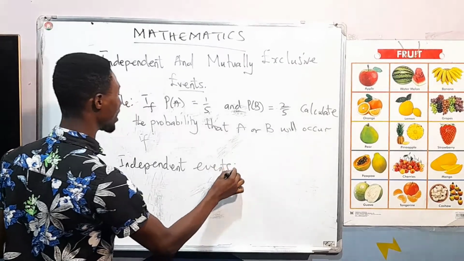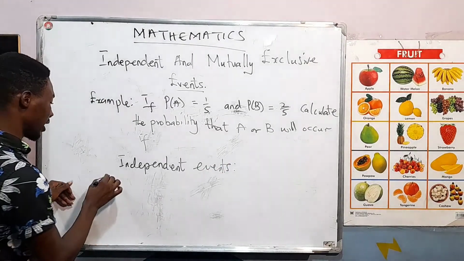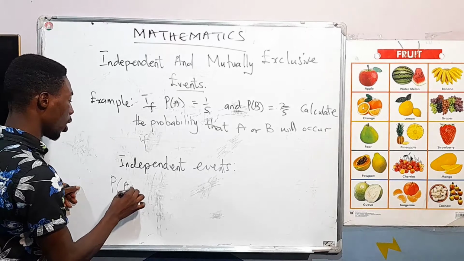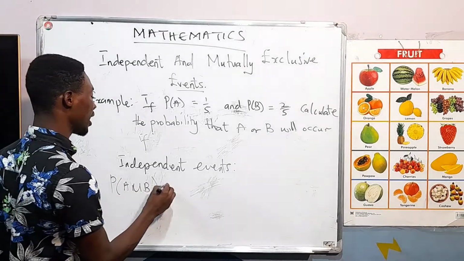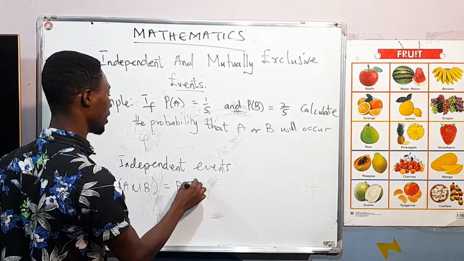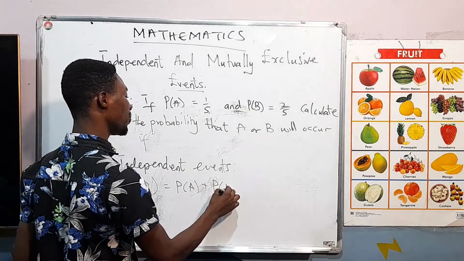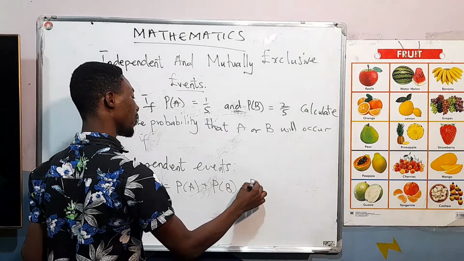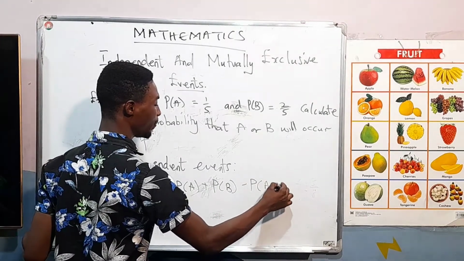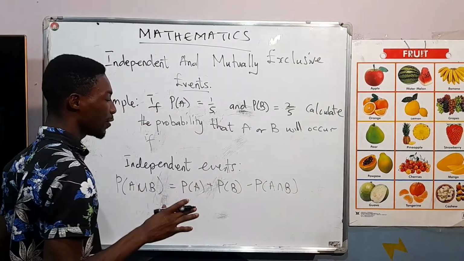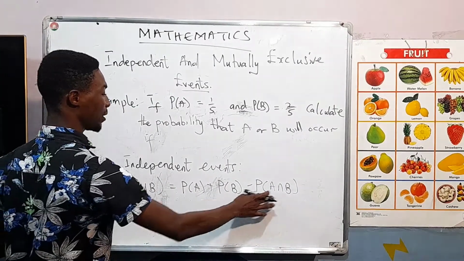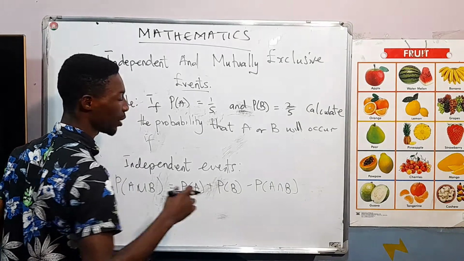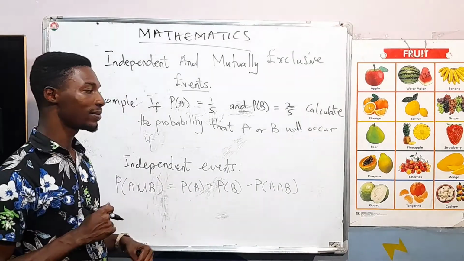I have already said that if the two are independent events, then the probability of A or B occurring, which is written as A union B, is the probability of A plus the probability of B minus the probability of A and B. The probability of A and B is represented as the intersection, and it represents the probability of A and B occurring together at the same time.